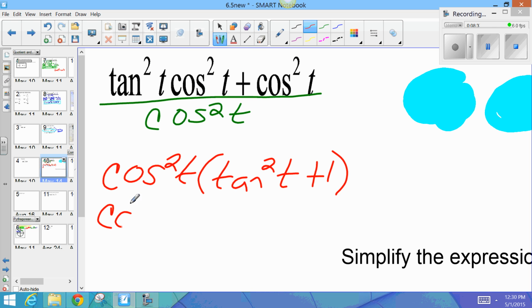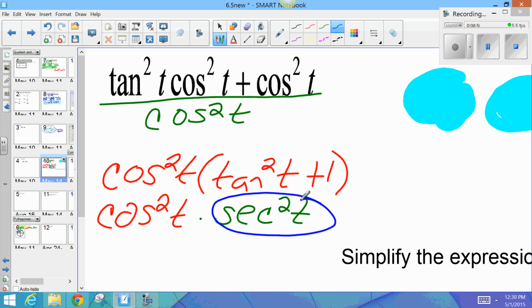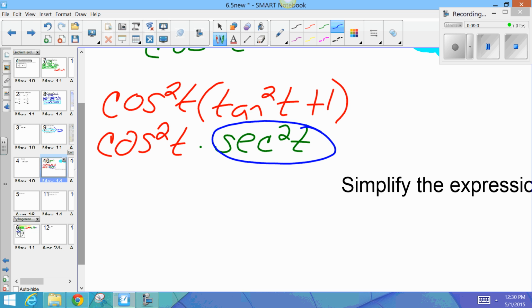So I've got cosine squared of t times secant squared of t. All right, and now what I had told you in the previous video, I can also simplify by rewriting in terms of sine and cosine. So this right here, I might want to try and rewrite using the reciprocal identity. So I've got cosine squared of t, right?